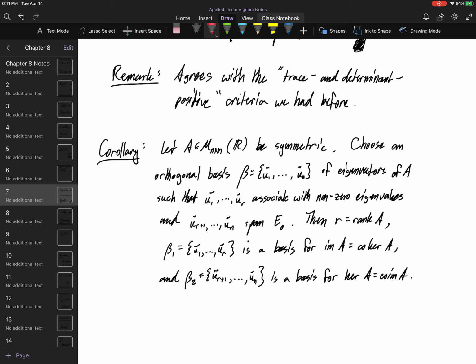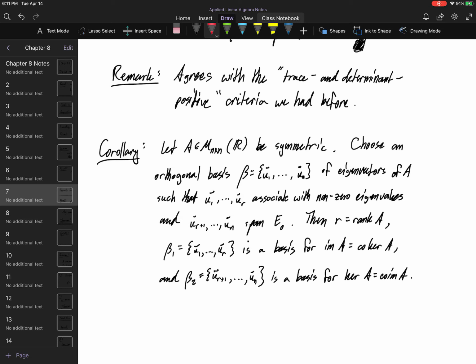So u1 through ur are going to be eigenvectors associated with non-zero eigenvalues. And the remaining ones, ur plus 1 to un, are going to be a basis for the kernel, E sub 0.